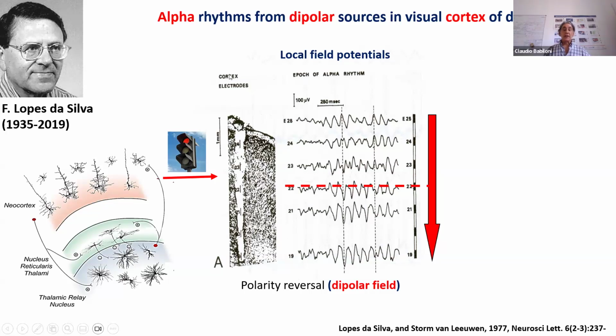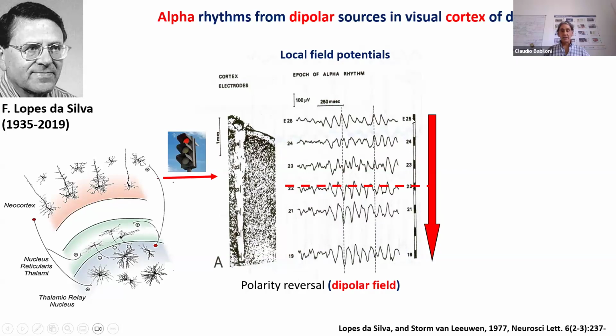In this particular publication of Fernando Lopes da Silva's group, you see that he used electrodes penetrating across the cerebral cortex, the visual cortex of dogs.